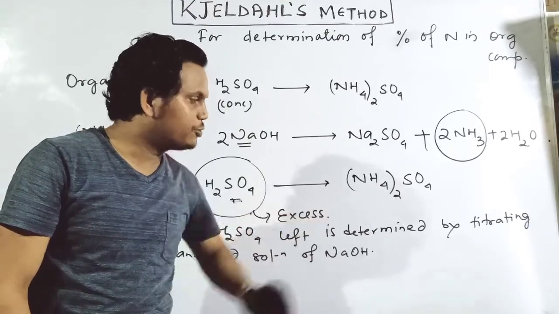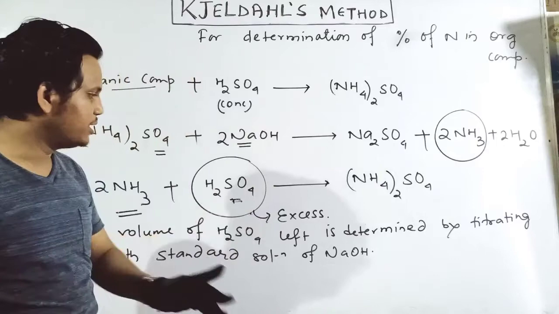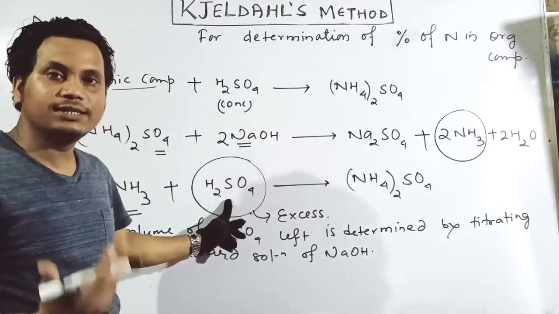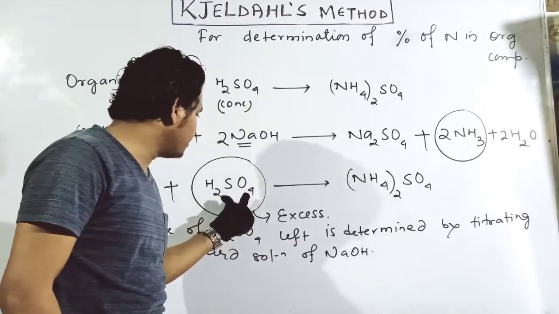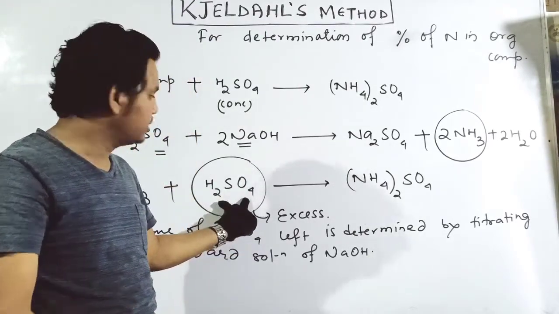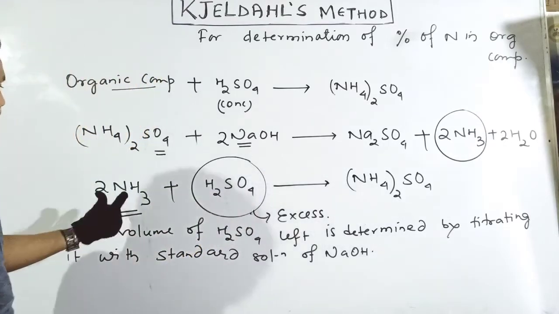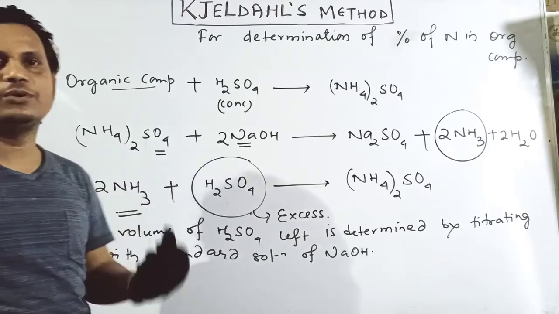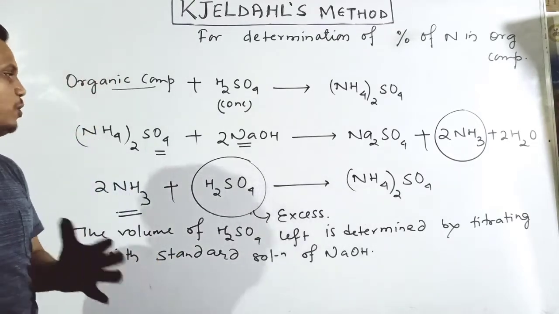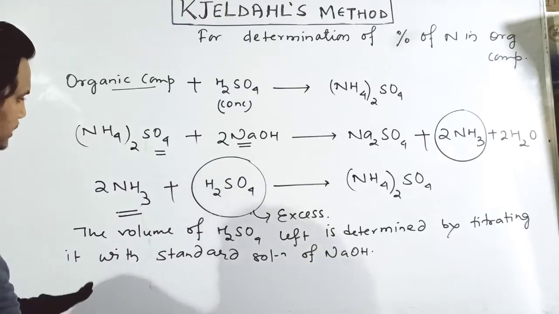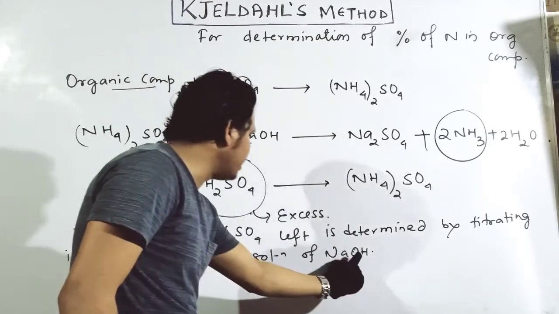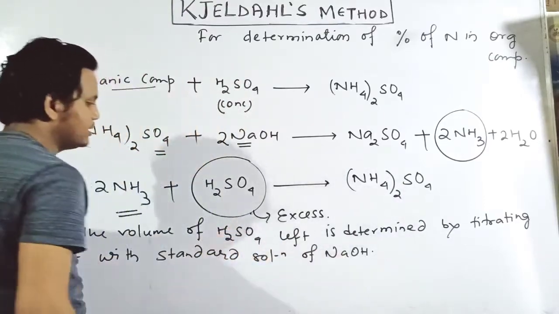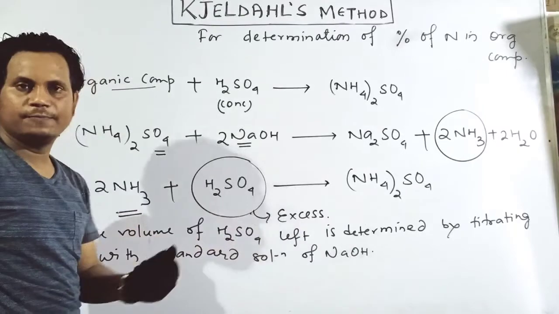After titrating, we will get the exact amount of sulfuric acid that is left. From the remaining amount of sulfuric acid we get the volume of ammonia. Once we get the volume of ammonia, the problem will be solved. Now let us consider the volume of NaOH required for neutralizing sulfuric acid to be V1 volume.